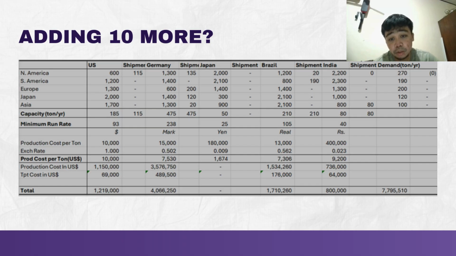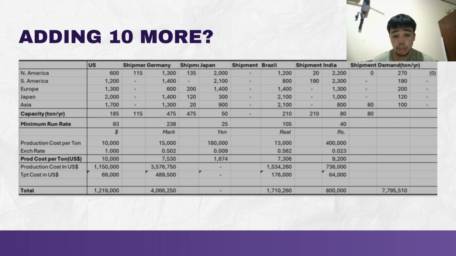Let's say that we will deduct 10 tons from Japan that has $16,000 per ton. So that amount is already subtracted by around $9,000 because 7,000 and 16,000. So this is a viable option. Adding 10 more tons to Brazil or Germany is very beneficial, and the total cost goes down.